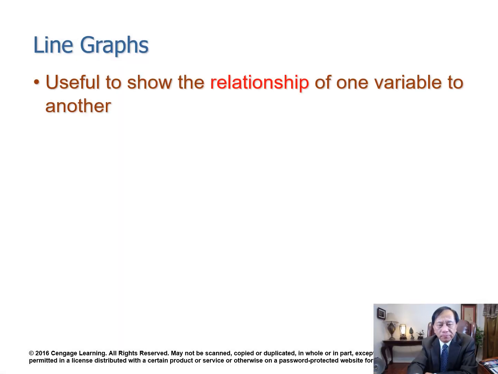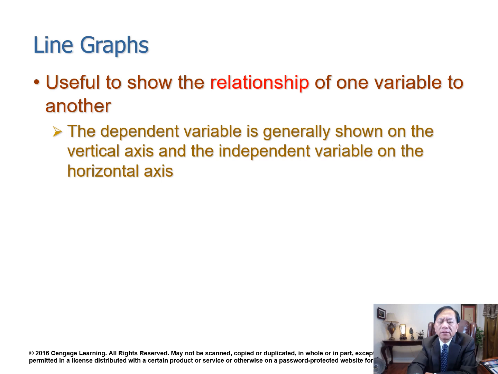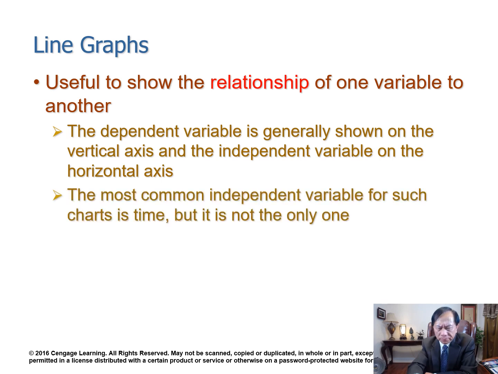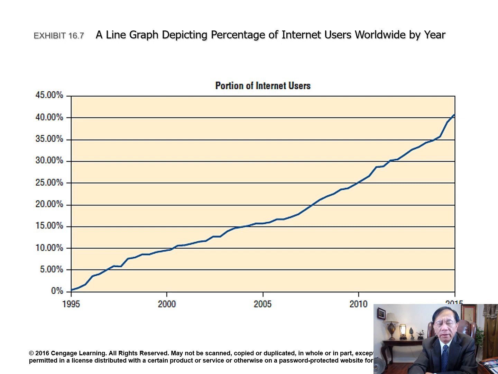Line graphs are useful to show the relationship of one variable to another, and the dependent variable is generally shown on the vertical axis and the independent on the horizontal axis. The most common independent variable for such a chart is time, but it's not the only one. You can use anything, right?